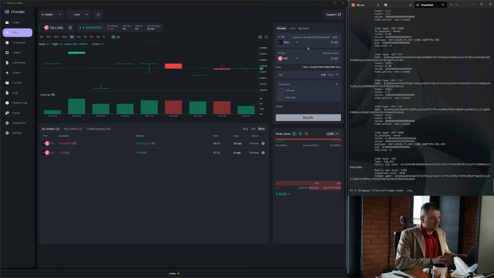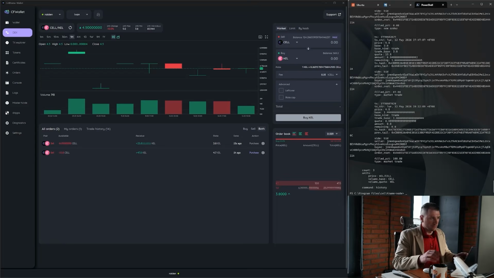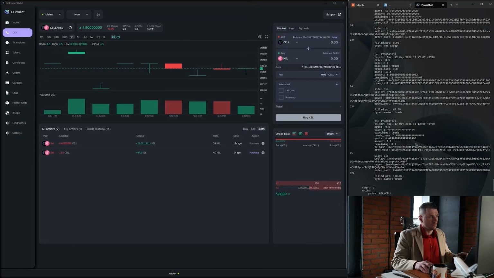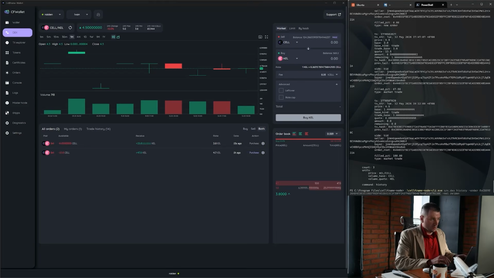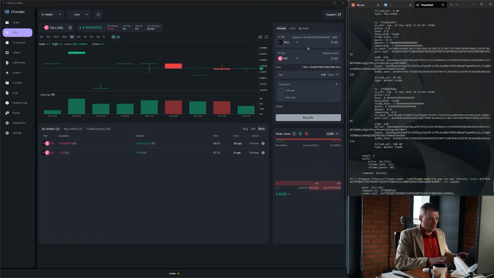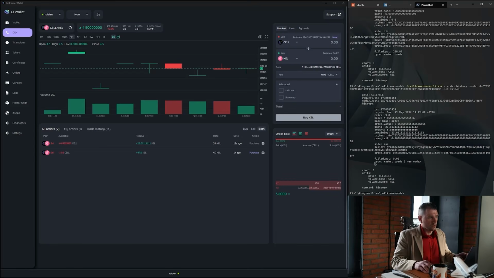So we can check DEX history. So here is the closing trade. And this transaction has a combined type, the market trade and at the same time the new order.